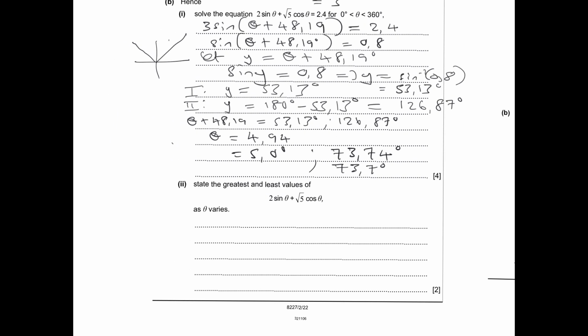Now, the next part of the question, what is it saying? Saying state the greatest and least values of that. Now, it is important, of course, to know why we convert expressions like these ones here into our formula. Maybe I just need to talk about this. If we're having an expression like this, and they say we should convert it to that, the reason why we are doing that is, of course, to be able to solve an equation like what we are having here.